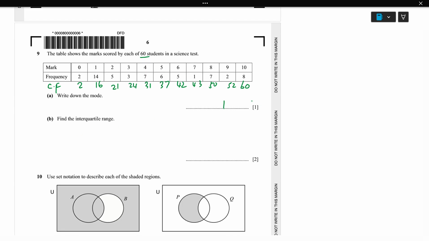Next, the interquartile range is going to be the third quartile minus the first quartile. The third quartile we need to calculate as 3/4 of the total frequency, which is 120.